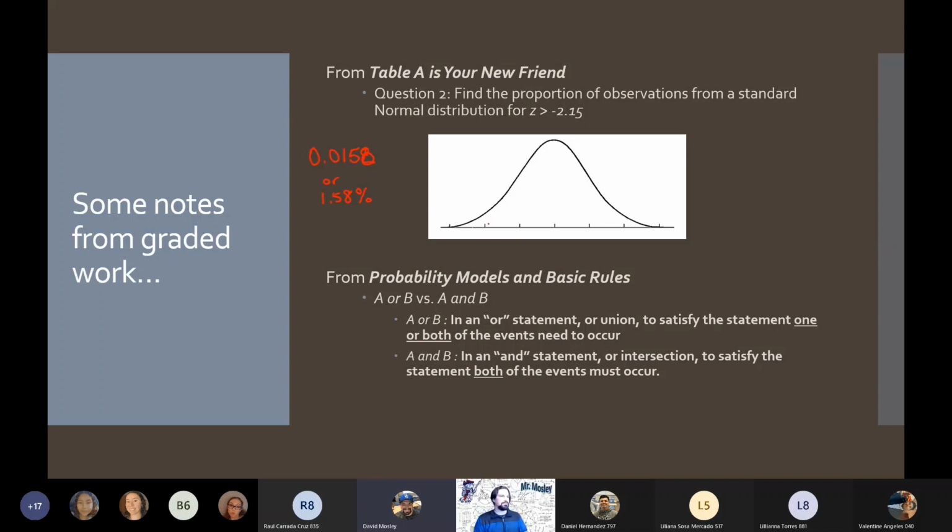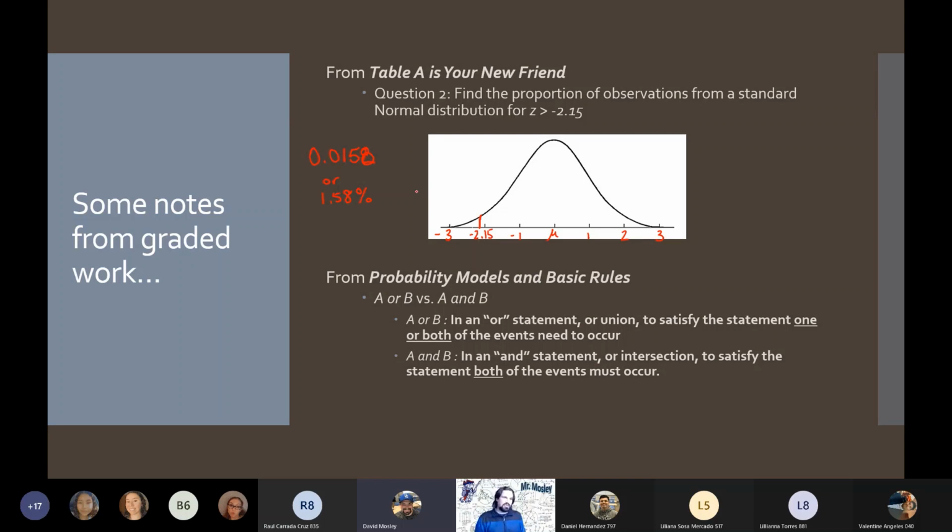So if we look at this sketch, the middle here is going to be mu. We have 1 standard deviation, 2 standard deviations, 3, negative 1, negative 3, and then right here, we'll call this negative 2.15. This is the z-score we were looking for in the distribution.